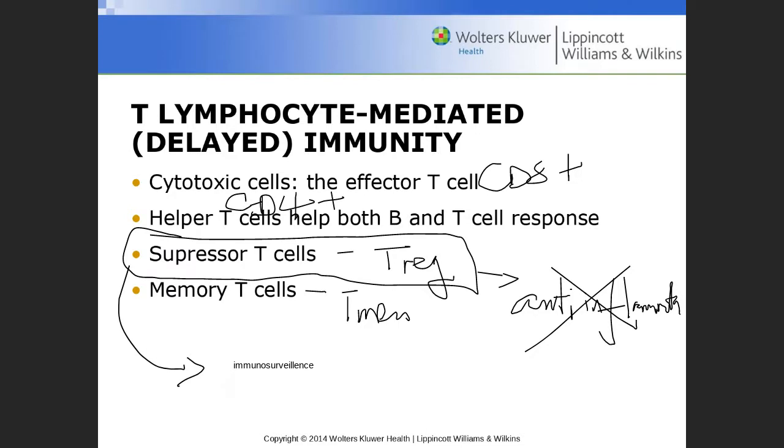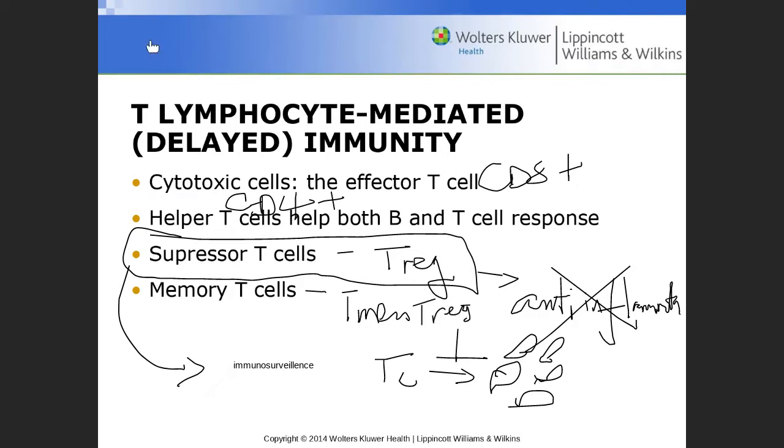What if you have a dysregulation of cytotoxic T cells? Let's say, for example, cytotoxic T cells are killing your own normal cells. If this is the case, this is known as autoimmunity, and what prevents this is the Treg. So the Treg is preventing the cytotoxic T cell from going full metal on these cells.